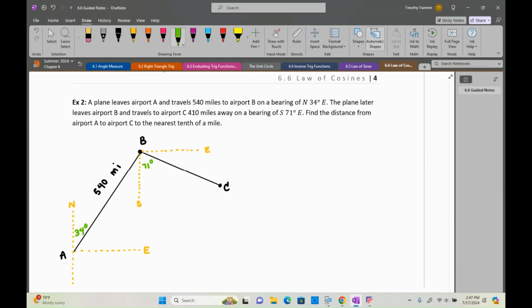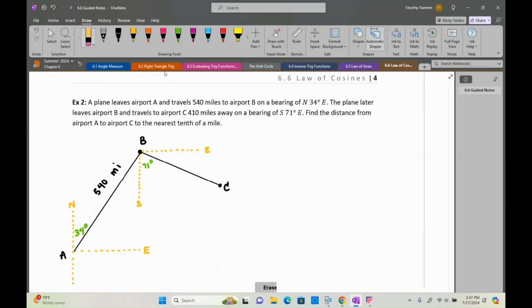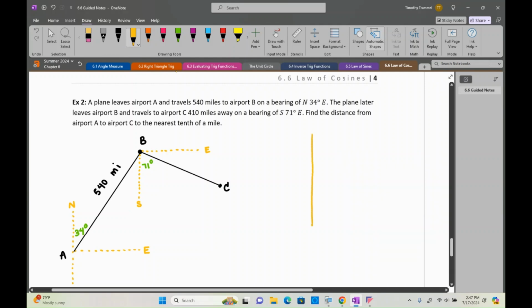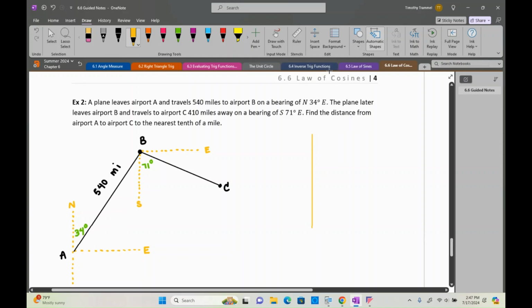And we actually know another angle here that's not quite as clear. This angle right here and this angle here are what we call alternate interior angles. If I were to resketch this in a slightly different way, it might be a little more clear. I'm going to make it look like how it looked when you probably took geometry, quite a few years ago.